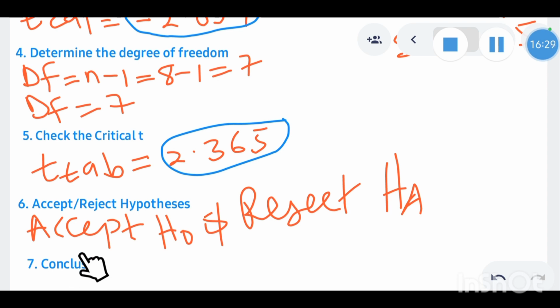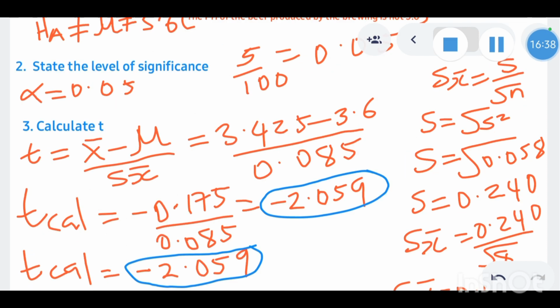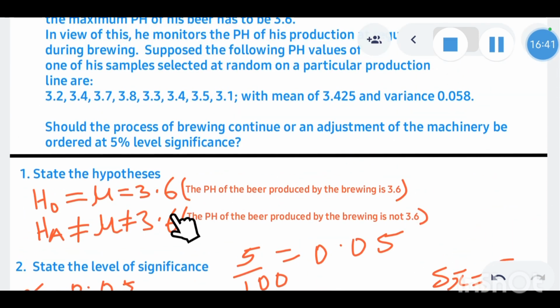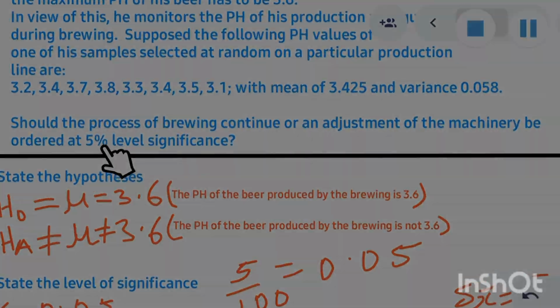The last step is to draw the conclusion. Having seen that we accepted the null and rejected the alternative hypothesis, we look at what the null hypothesis states. The null hypothesis states that the pH of the beer produced by the brewery is 3.6. The question says, should the process of brewing continue or an adjustment of the machinery be ordered at 5% level of significance?